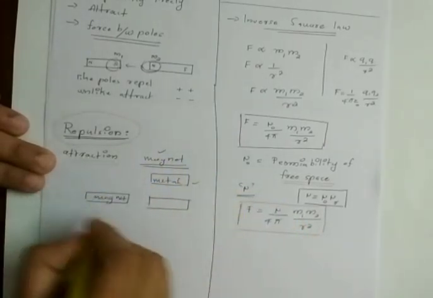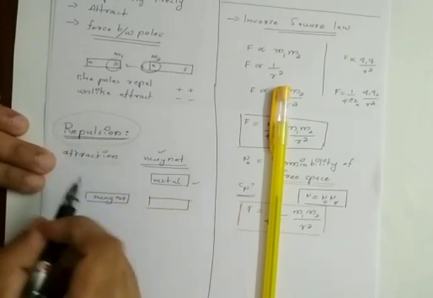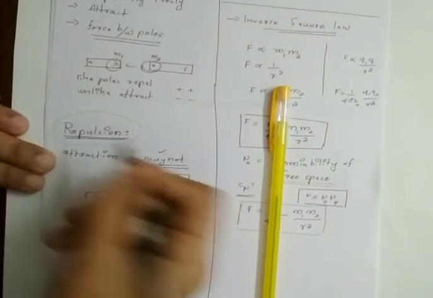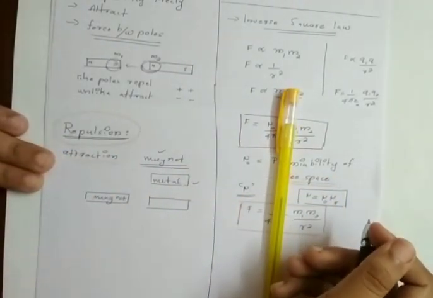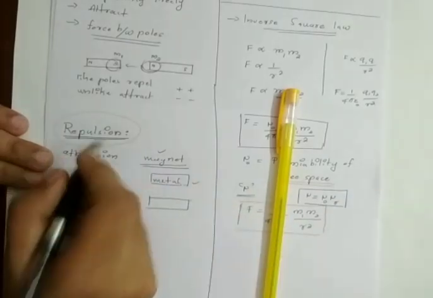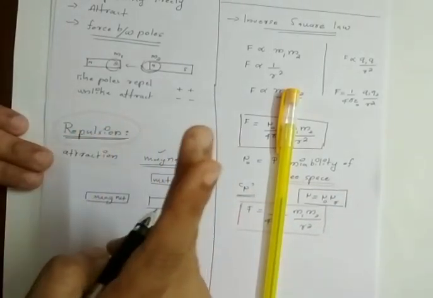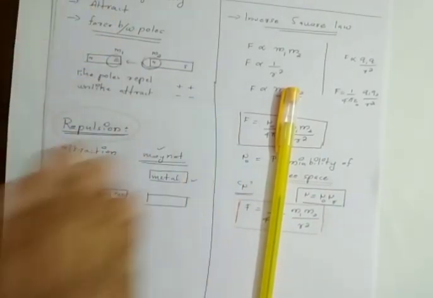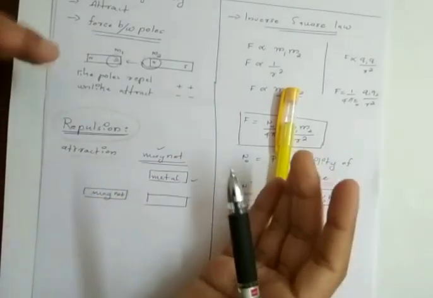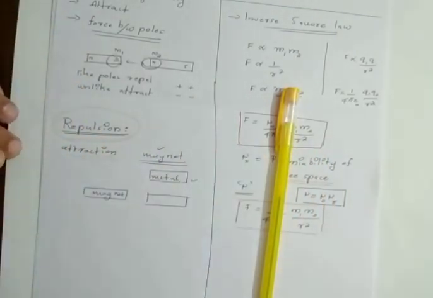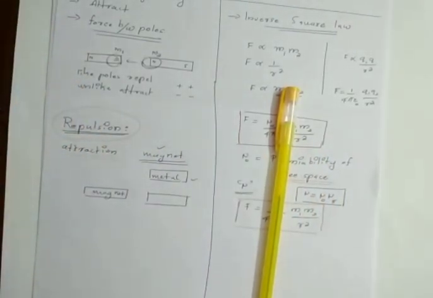So if you are asked why repulsion is a sure test of magnetization, it means that whenever two materials repel each other, it is sure that both of them are magnets. But whenever they attract, we cannot say both of them are magnets.